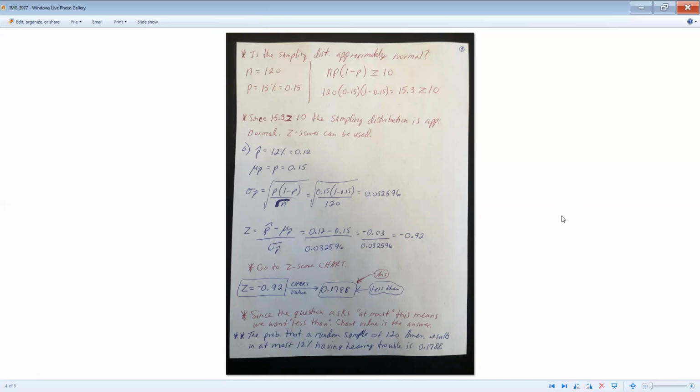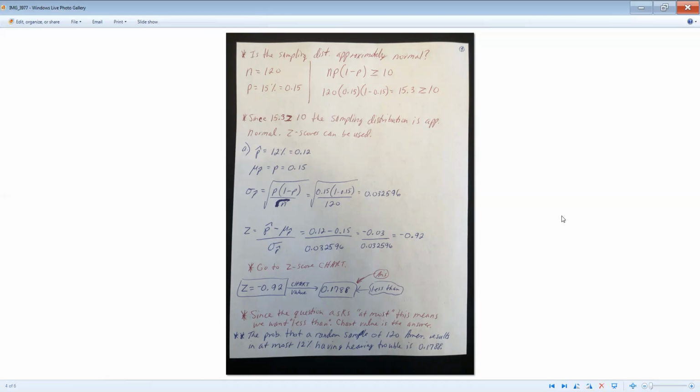So n is 120, p, your population proportion, is 15%, which is 0.15. Now we put it in the relationship n times p times 1 minus p, so that's 120 times 0.15 times 1 minus 0.15. That's equal to 15.3, which is greater than 10. So since that's greater than 10, the sampling distribution is approximately normal.